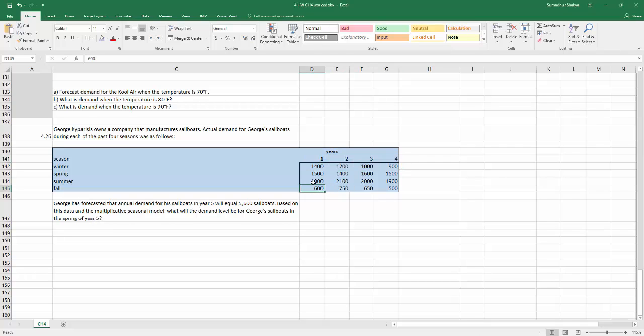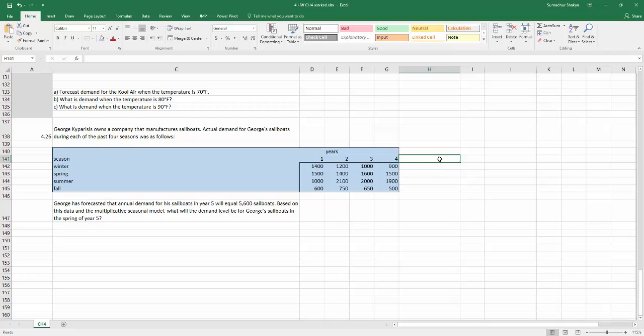So calculating annual demand for the next year, however they did that, moving average or exponential smoothing. In this case, since it is given to us, it's none of our business, but what is critical for us is to find out what would be the sales in the spring of the 5th year.